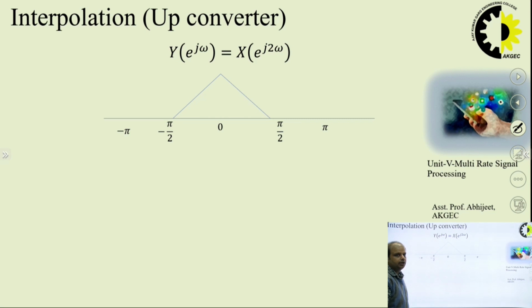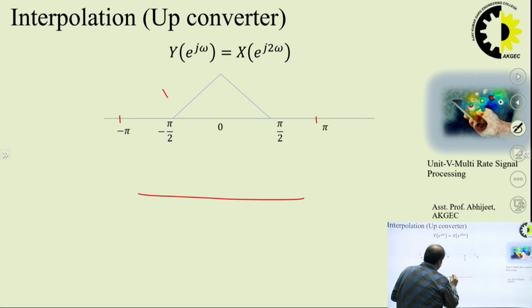So if I have some spectrum like this, which is from minus pi to plus pi, this is the spectrum of X of e raised to j omega I am talking about. This can be compressed using up conversion. The spectrum will converge from minus pi by 4 to plus pi by 4.